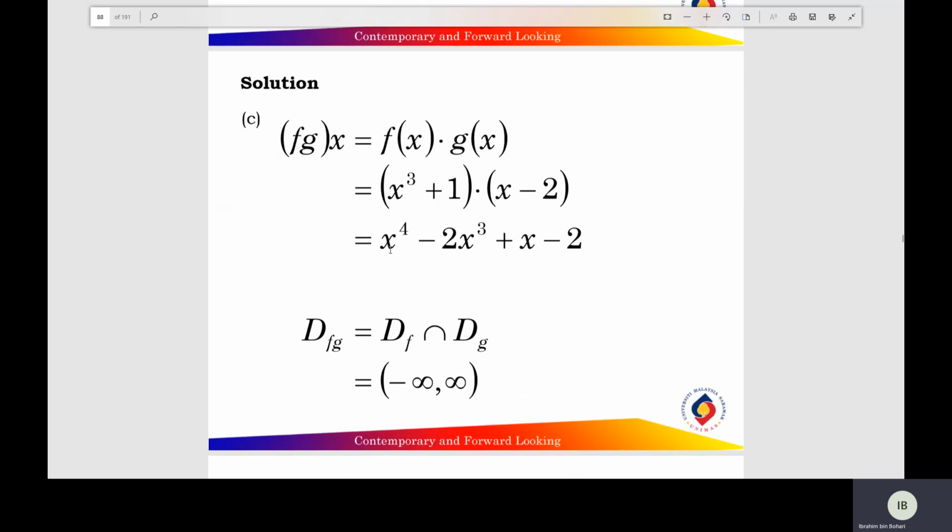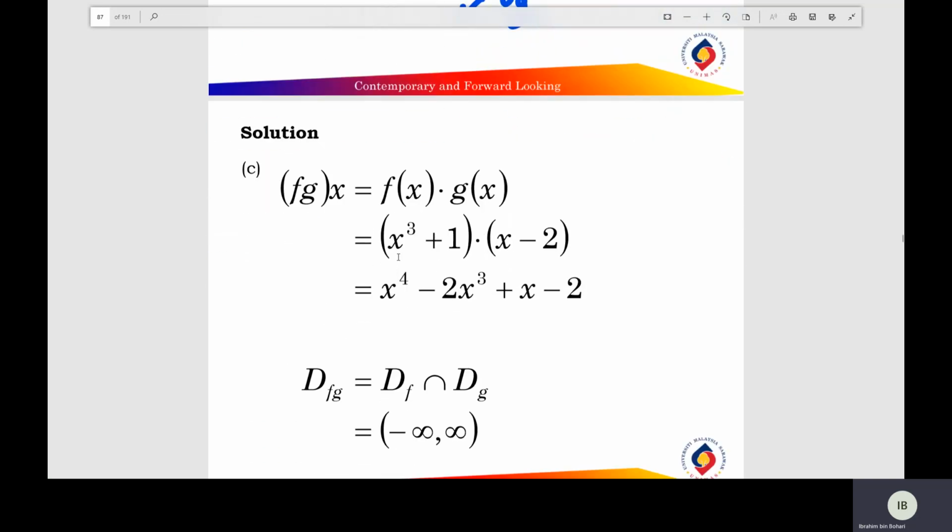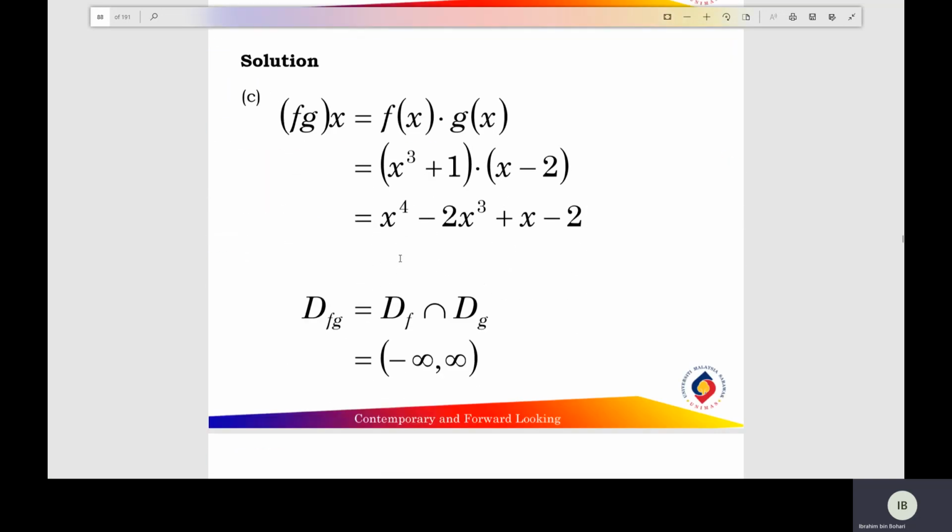Okay, question C. Product of the two functions, f(x) times g(x), cubic function times linear function. x cubed plus 1 times x minus 2, and the answer equals x to the power 4 minus 2x cubed plus x minus 2, and for this one you sketch Df.